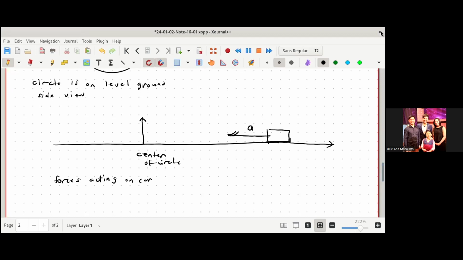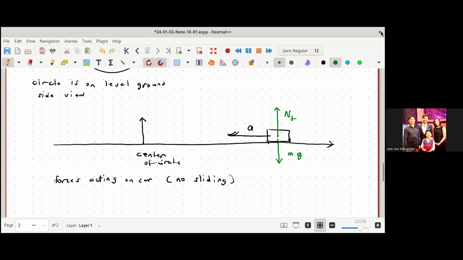Assuming no sliding. No friction? No, there is friction. There is a normal force. So, what direction is the normal force? Upward. The gravitational force, what direction? Downward.